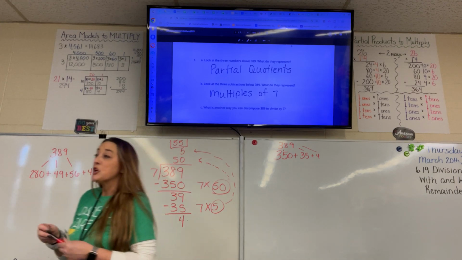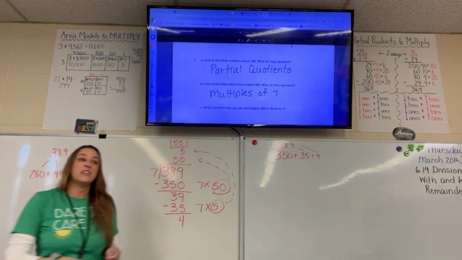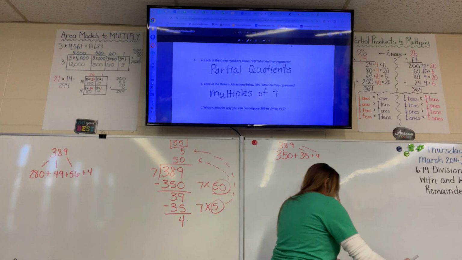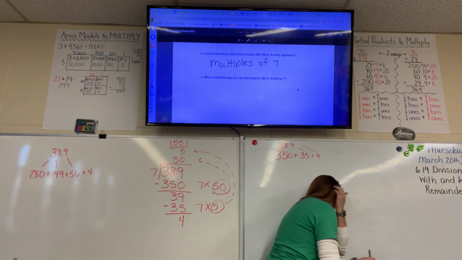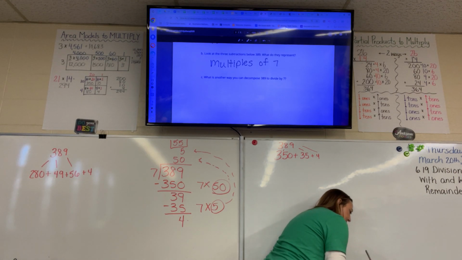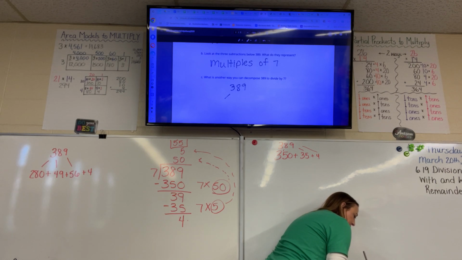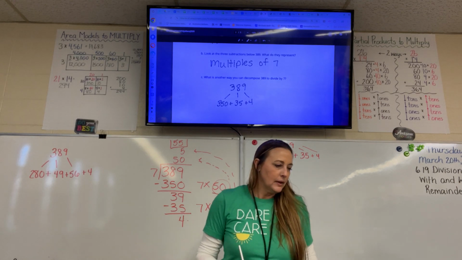Tomorrow we're going to interpret remainders, figure out what they mean. Okay, so here's the way we decompose 389. We did 389 split into 350 plus 35 plus 4.